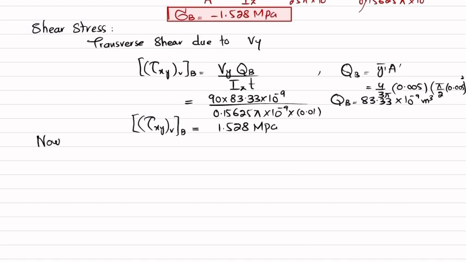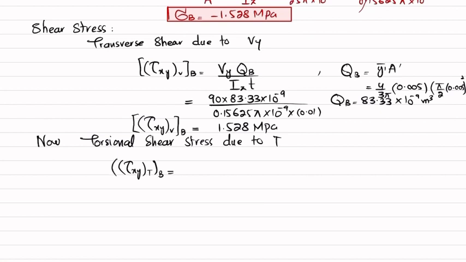Now another shearing stress is the torsional shearing stress, which is due to torque. Tau of xy due to torque T at point B will be equal to T into c divided by J. One question you will ask is that in our previous problem A-36 we took tau of xy and tau of xz.